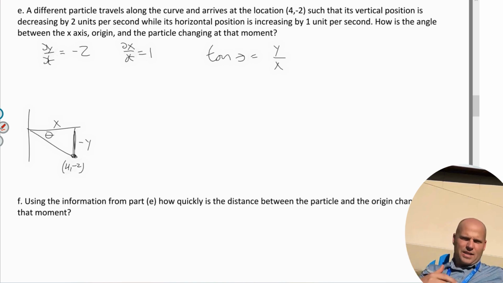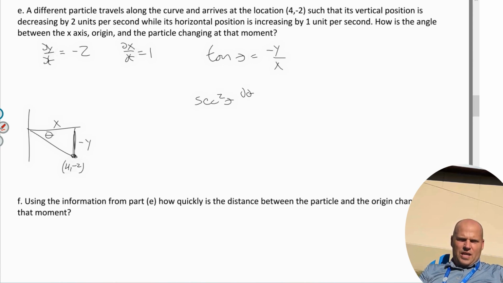And if you got a positive answer and I got a negative answer, you're good. I'm not going to stress out about it. But technically, we should be saying that this is a negative y. That way, if we say dy/dt is negative 2, it does mean it's going down, versus if this is a positive y, we would actually say that y distance would decrease, which means you're getting closer to the origin. Anyways, don't stress. Just find your derivative.